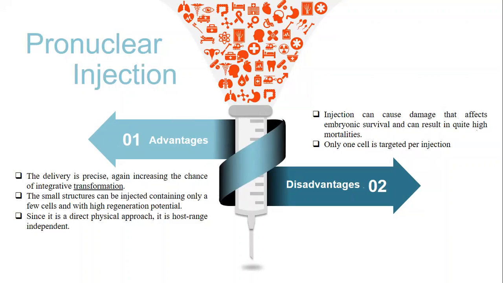The third one is identification of the transferred cell: injection of dye along with the DNA makes it easy to identify the cell. The fourth one is that it can be used for creating transgenic organisms, particularly mammals. And the fifth one is that no antibiotic resistance or herbicide resistance marker is used for this technique.